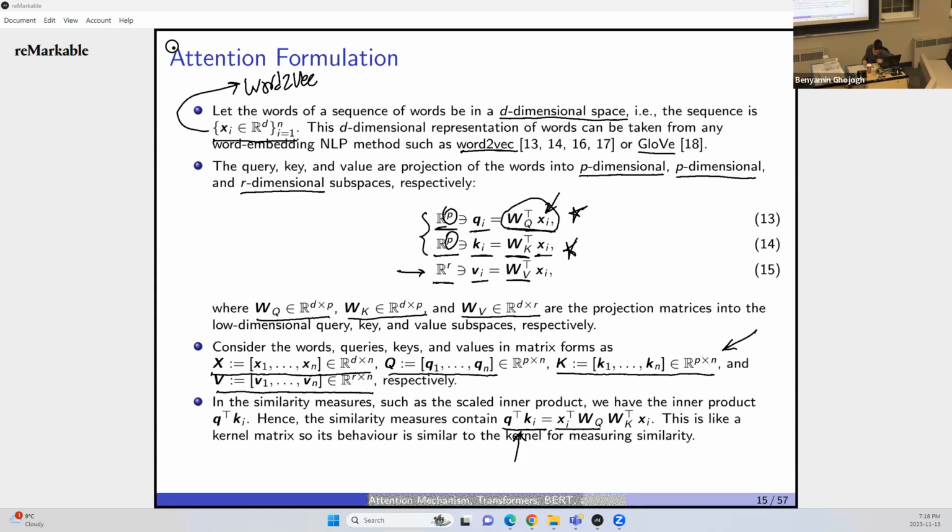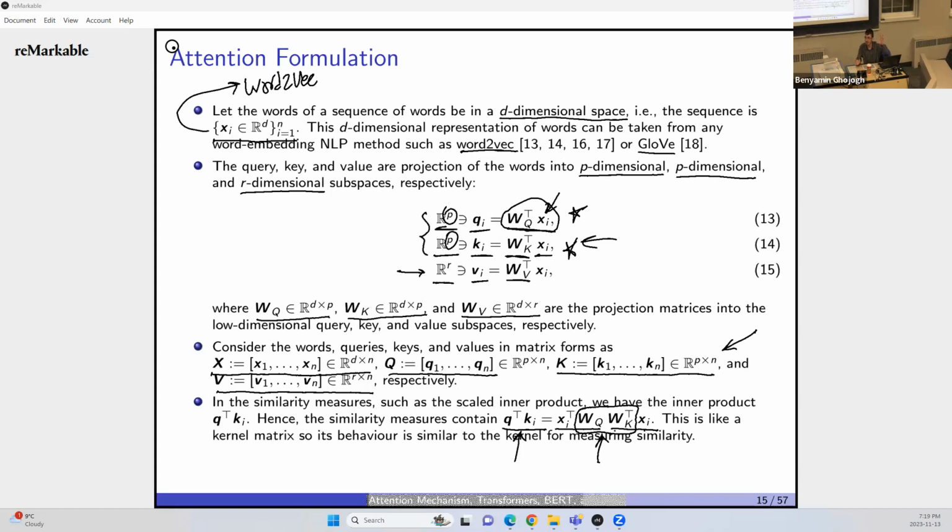So Q transpose becomes Xi transpose WQ. And Ki, according to this, is WK transpose Xi. As you see here in the middle, I have WQ, WK transpose. Ignoring this middle part, I have Xi transpose Xi, which is an inner product, right?